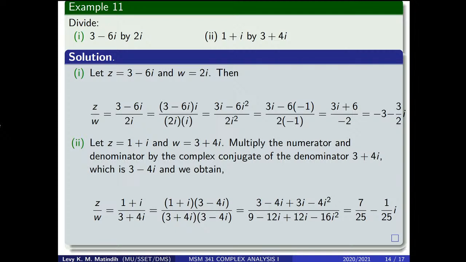Because we see a complex number in the denominator, the only way we can do this is to multiply both the numerator and the denominator by the complex conjugate of the denominator. Our denominator is 3 plus 4i. Its complex conjugate is 3 minus 4i. This means we multiply both the numerator and the denominator by 3 minus 4i, which is the one appearing here.